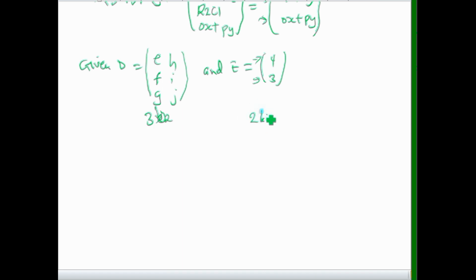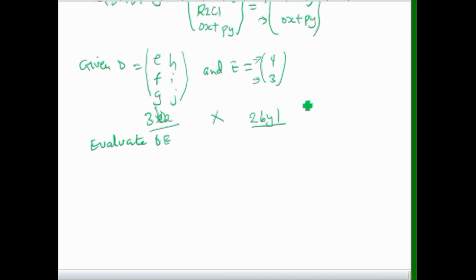So you can be asked to evaluate DE. That is D times E, whereby D is a 3 by 2 matrix. You multiply by a 2 by 1 matrix.